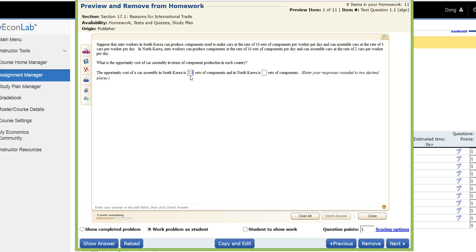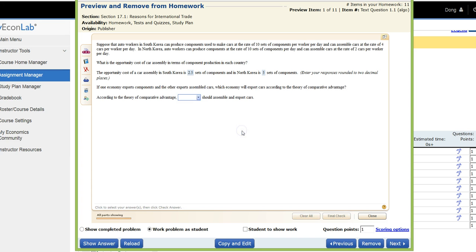That's the opportunity cost of assembling one car in terms of the component production, and in this case it is 10 over 4, 2.5. Similarly, for the North Korea workers, it's 10 over 2, so that's going to be 5 sets of components. So now let's check our answer.